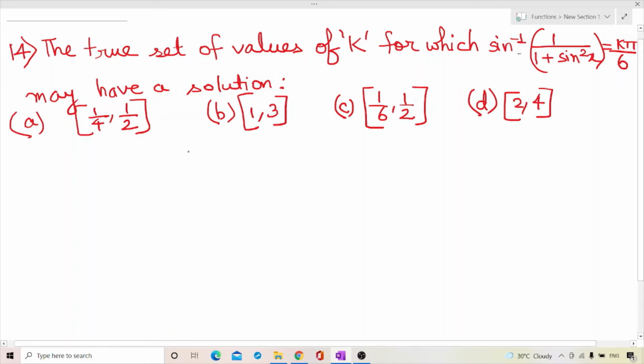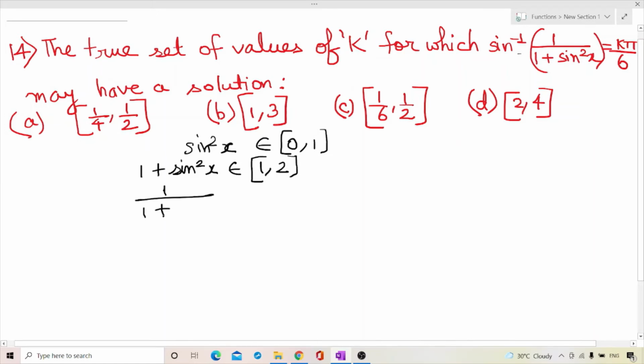So we know that sine square x belongs to 0 to 1. So 1 plus sine square x belongs to 1 to 2. Now taking reciprocal, 1 upon 1 plus sine square x belongs to 1 by 2 to 1.